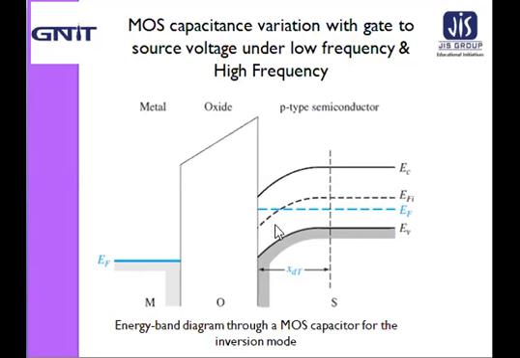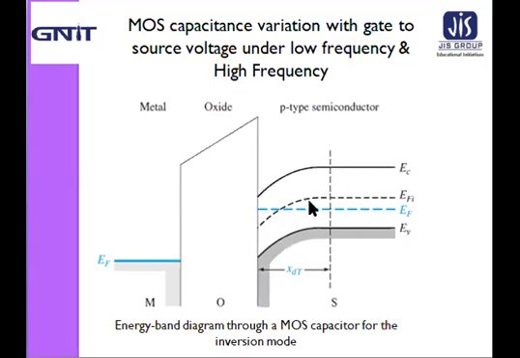Now, if the AC voltage across the MOS capacitor changes rapidly, the inversion layer charge will not be able to respond.